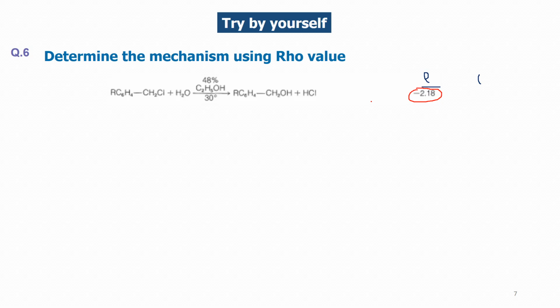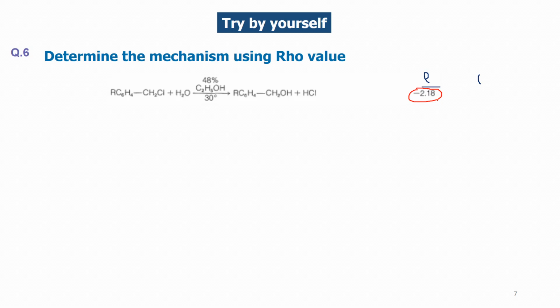Now, whenever the rho value is negative, the reverse case is happening, because whenever the rho value is positive, a negatively charged intermediate is forming. Here the rho value is negative, which means the intermediate formed is positive. So how is this possible? Our intermediate is positive, and on addition of an electron donating group the reaction rate increases.